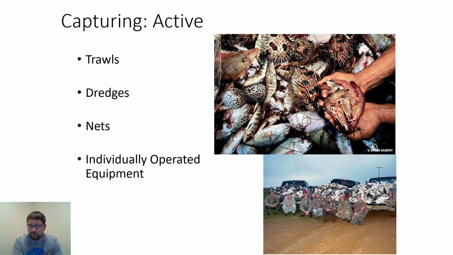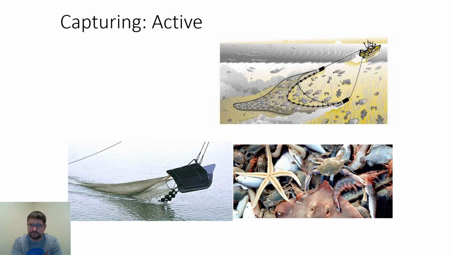I mean, you have a whole bunch of bycatch here in which it looks like they're all dead. And often that happens. We'll talk more about that in a little bit.